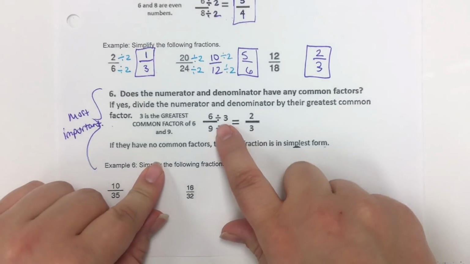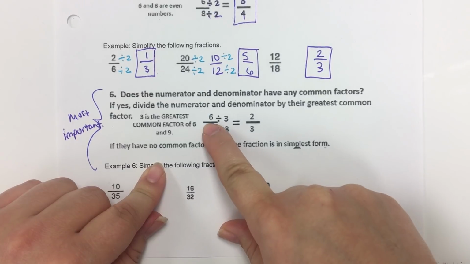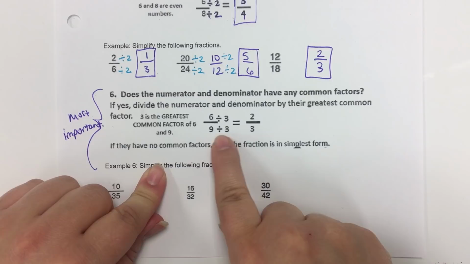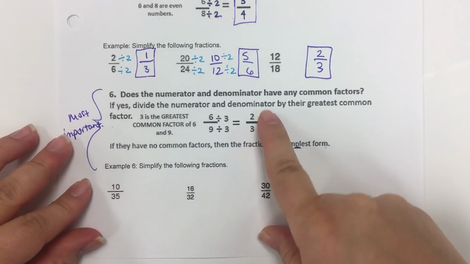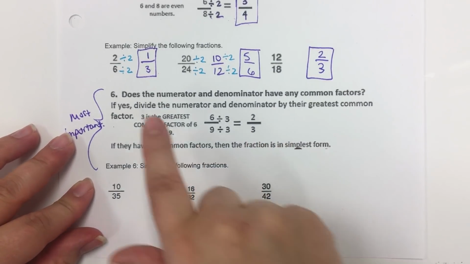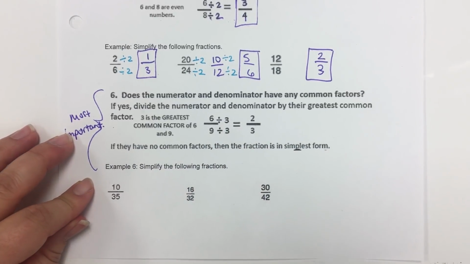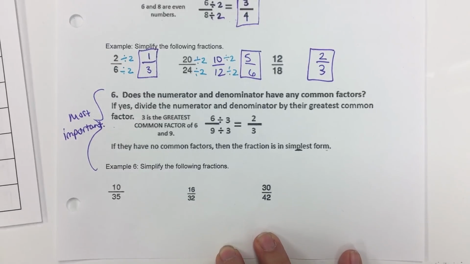So in this case, we can go ahead and divide by 3 to the numerator and the denominator. 6 divided by 3 is going to be 2 as our numerator. 9 divided by 3 is going to be 3 as our denominator. And we have a final fraction of 2/3. If you divide by the GCF, you will always get your fraction in the smallest simplified form.